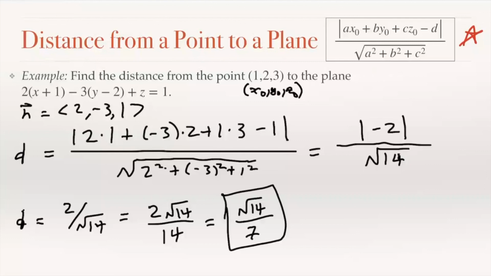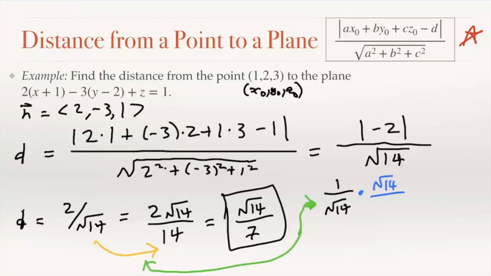And if you're a bit rusty here, perhaps I should explain this step. That is because 1 over root 14, we can multiply that by root 14 over root 14, because that guy is just equal to 1, so it doesn't change anything.